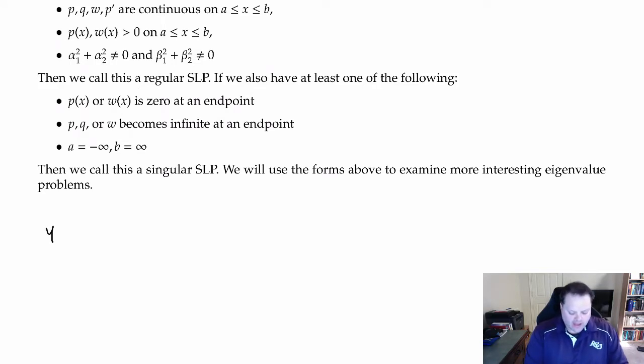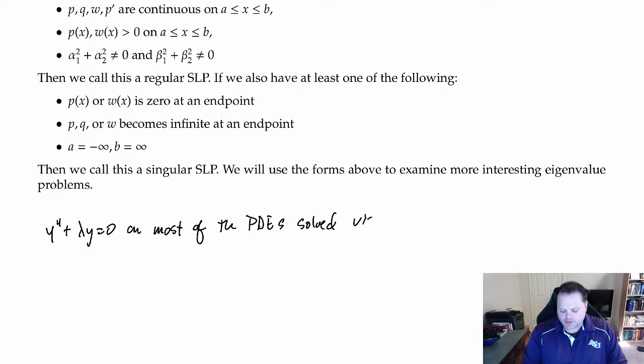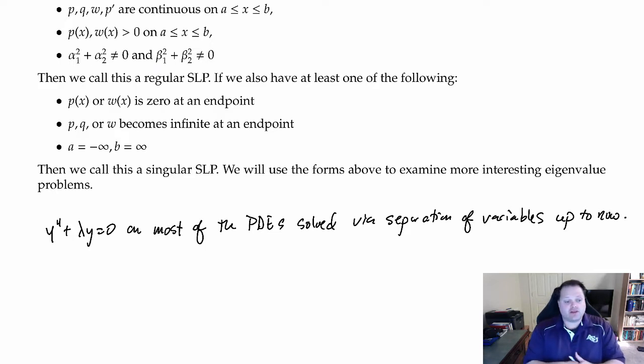So we've had y double prime plus lambda y equal to 0 on most of the PDEs that we've solved via separation of variables up to now. That's been our reality, is we keep looking at the same eigenvalue problem over and over and over again.